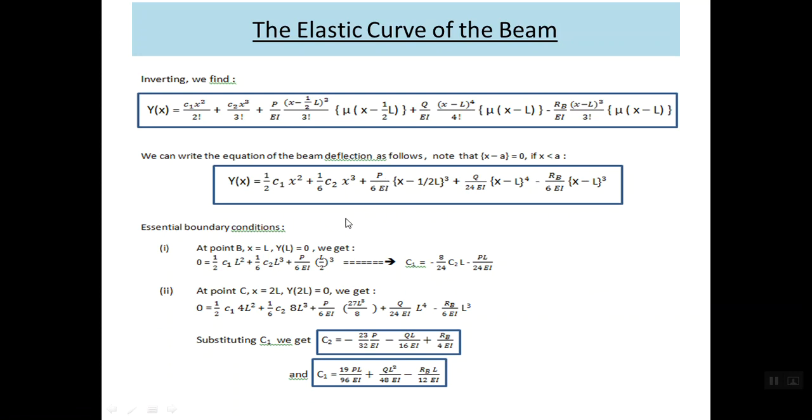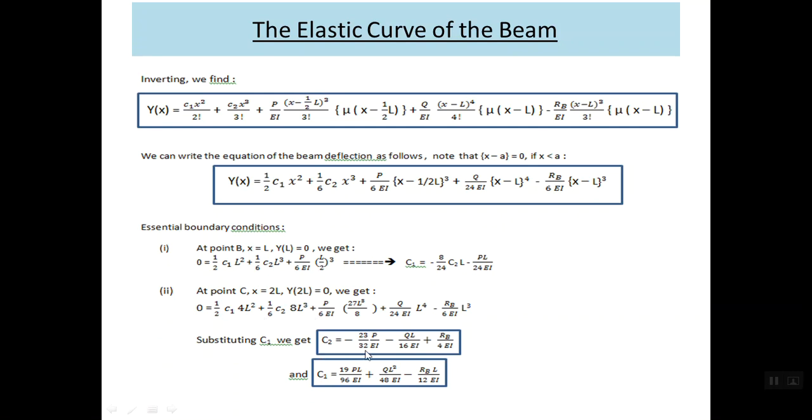Now we can apply the essential boundary conditions at points B and C. Remember, we have two integral constants to find, C1 and C2, and we have two equations from applying the boundary conditions at points B and C. So we get C1 and C2.